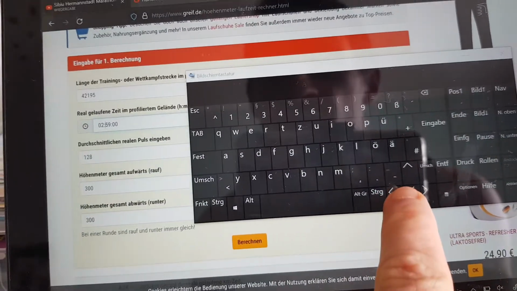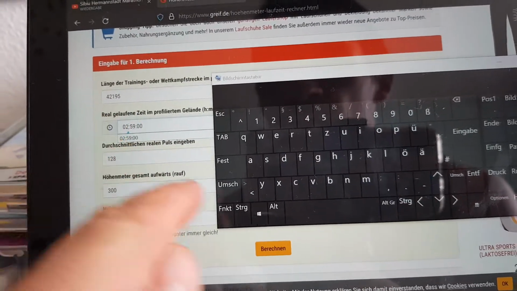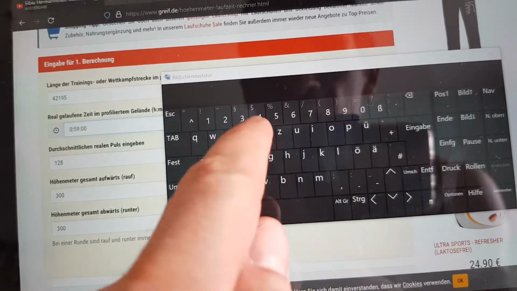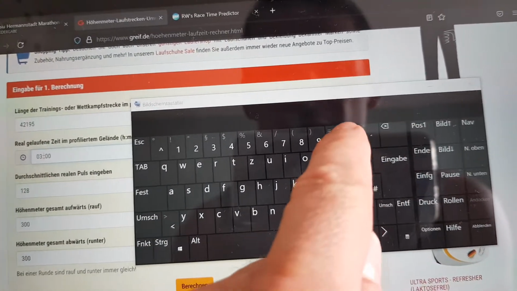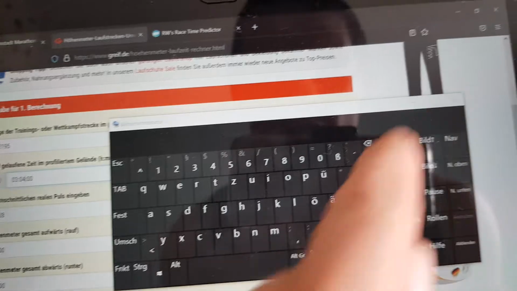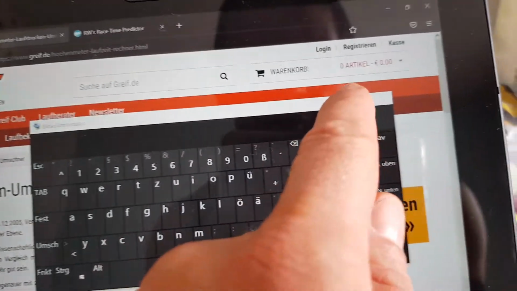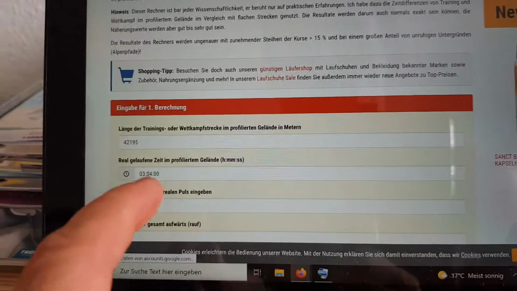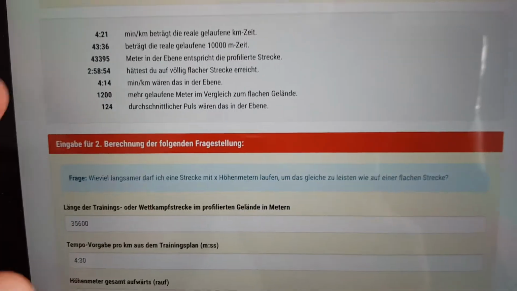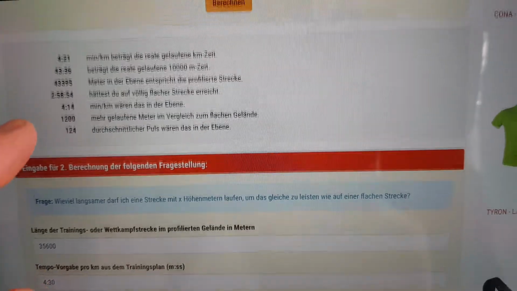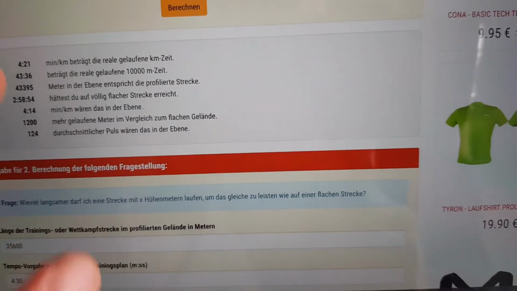The keyboard is once again leaving me lost, so let's just put 304 in here. Right, calculate, and here you go. It would give you a predicted time of 2:58:54. That's almost precise. So a 2:59 flat would equal a 3:04.